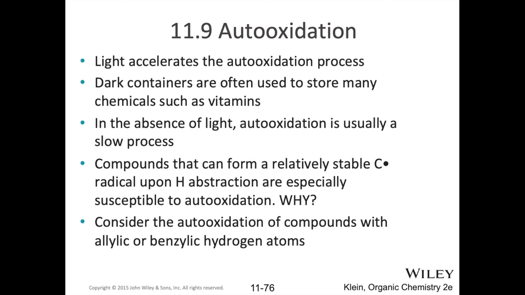We've seen that light is key for producing radicals and getting that initiation state working. So one way to slow this down further and try and prevent it or hold it off as long as possible is to use a dark container. That's why you've probably noticed a lot of reagent bottles tend to be brown. They tend to have dark glass.